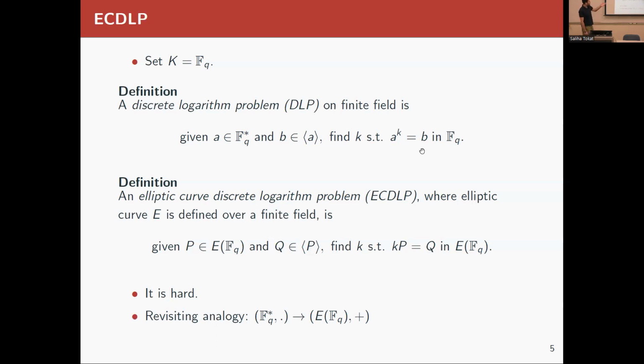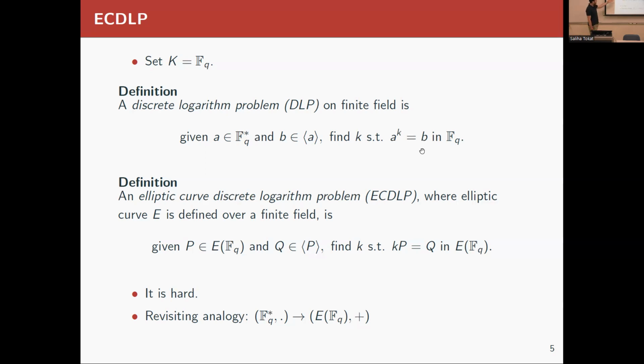If someone can solve this, then he can get the key. What is this problem? If we are given a point A from F_q star and a point B from the group generated by A, then finding k, where A to the k is equal to B, is the problem.